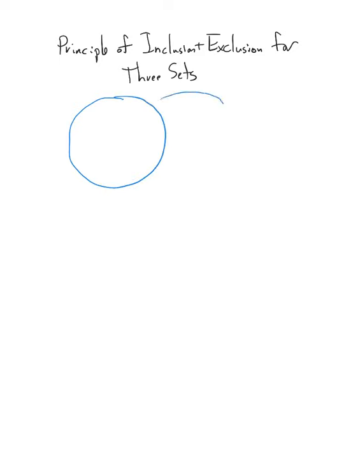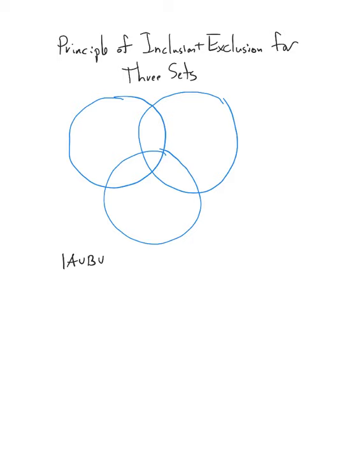So there's our three sets, A, B, and C. They're not necessarily disjoint, but if we're looking at the cardinality of the union of these, you could say, all right, let's include everything.